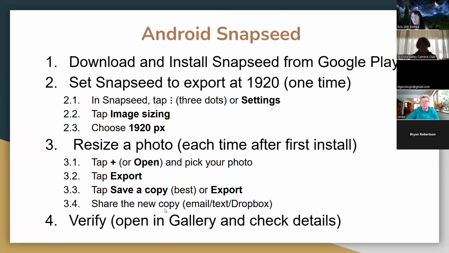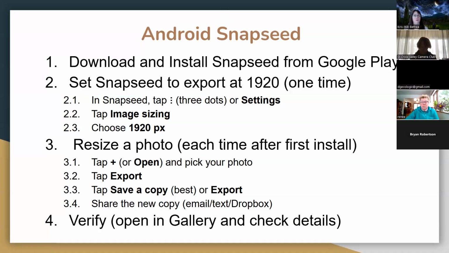You set the export to 1920, kind of like what we just did in the other software. There's the three dots or the settings on there. You tap image sizing and then you choose the 1920. After the first install, you should be able to just do it automatically. It will already be in the system with your original sizes. Same thing with Photoshop and Adobe Camera Raw.